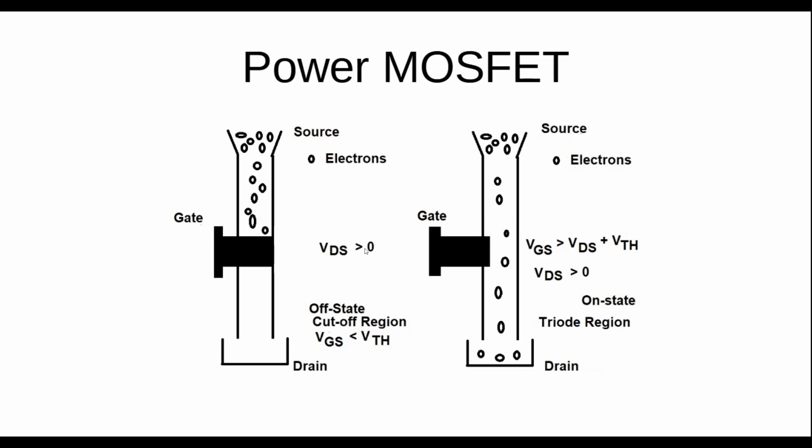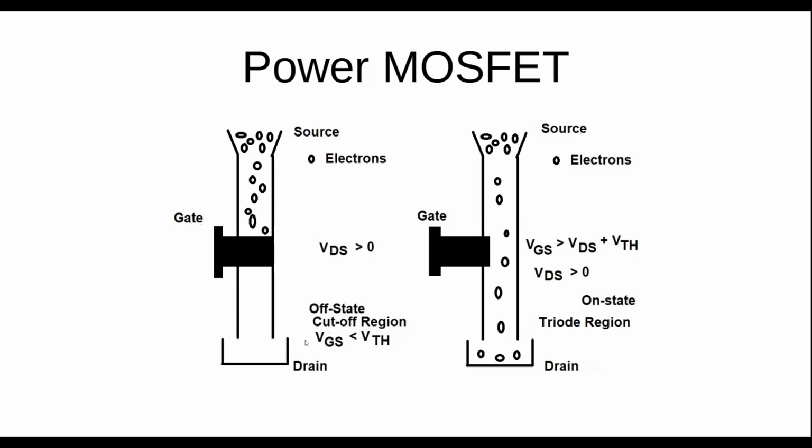I'm making it positive so that the electrons flow from the source to the drain. Because if this was zero, without that potential difference, there's no reason for the electrons to flow from the source to the drain. They'll just stay where they are. So we need a bit of this.